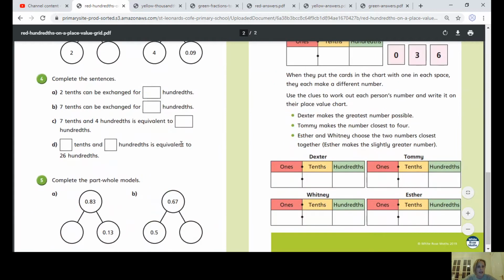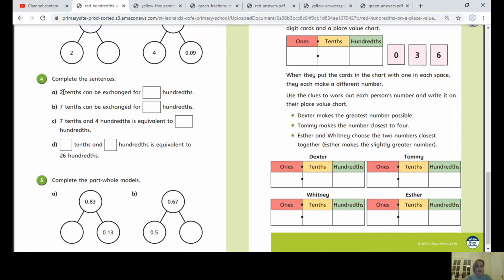Question 4 here, you've got to complete the sentences. So what I suggest you do here is write down your place value columns. Okay, and then write down your 2 tenths in the tenths column, and we want to know how many hundredths it can be exchanged for.